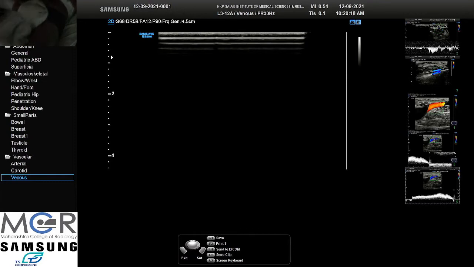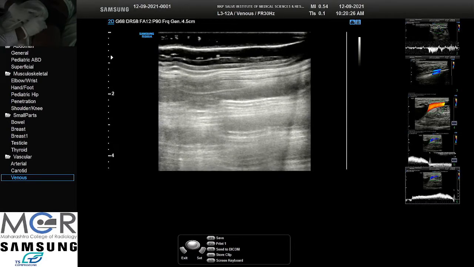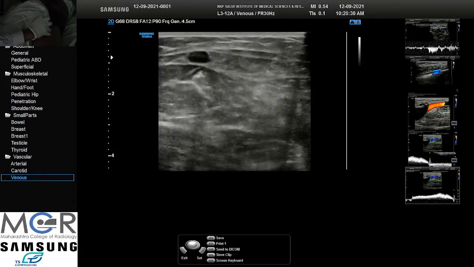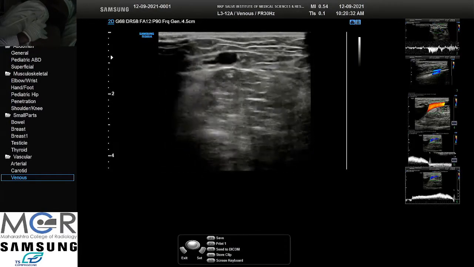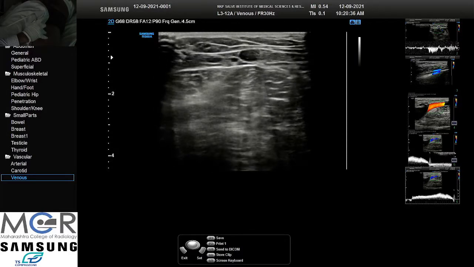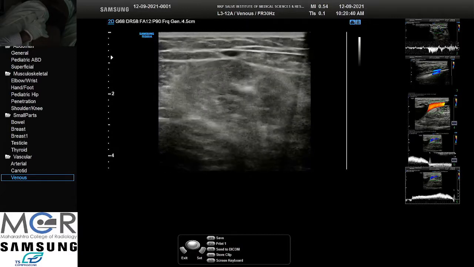You have to externally rotate at the hip joint so that the medial side gets exposed and you can see it nicely. See that this is one tributary coming here, that could be the accessory.